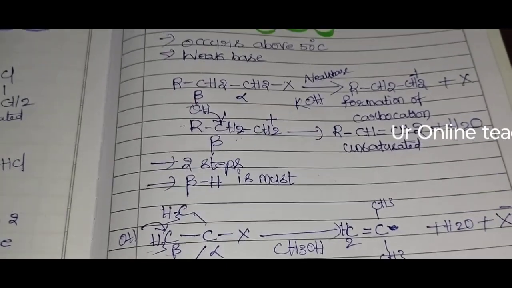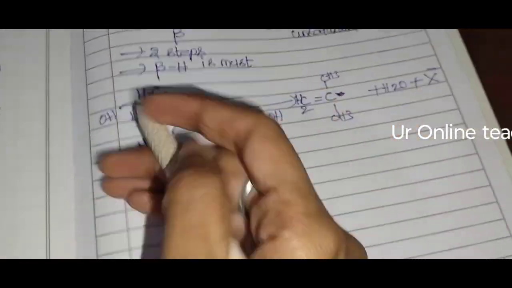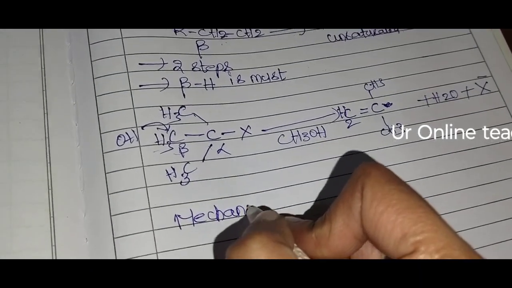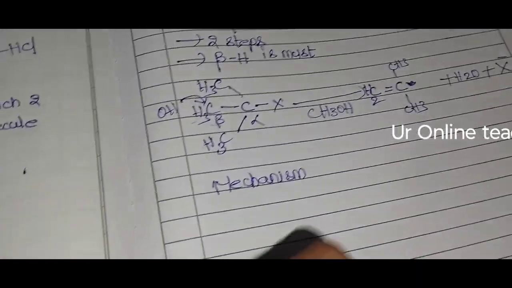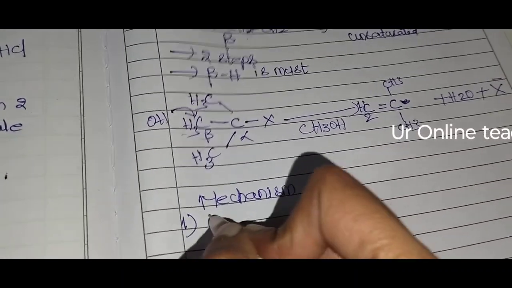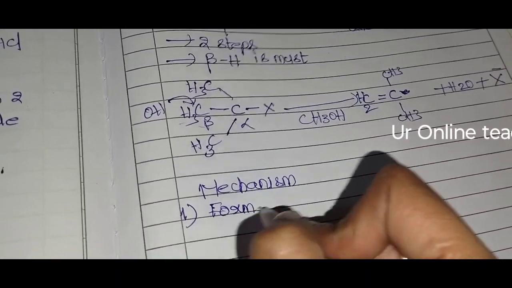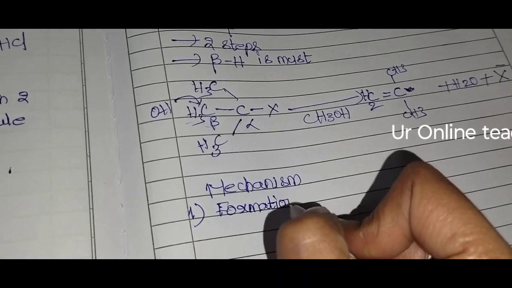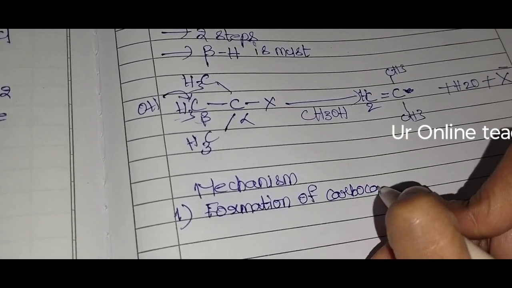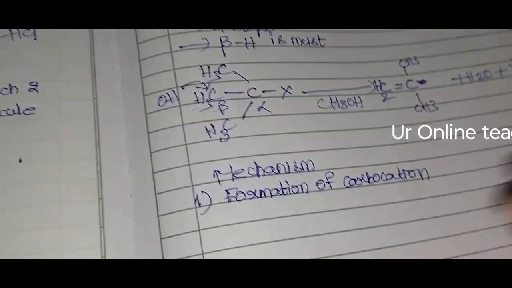Next, we will see the mechanism of E1 elimination reactions. I already told there are 2 steps. The first step is formation of carbocation. Let's see the first step.